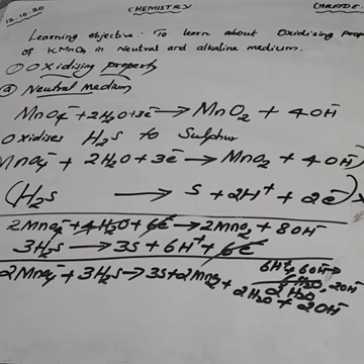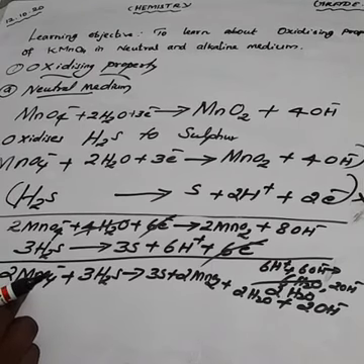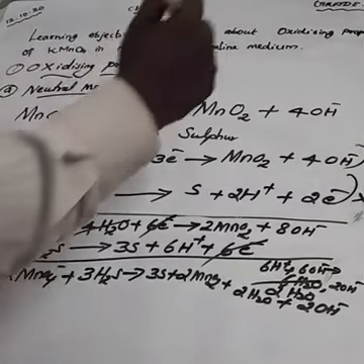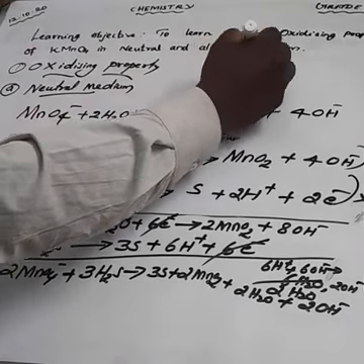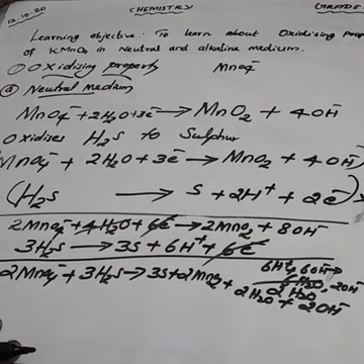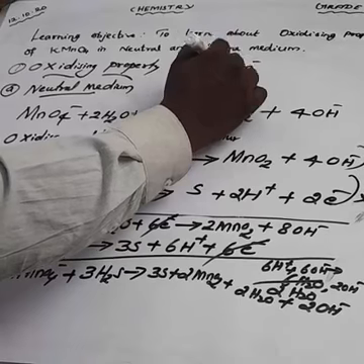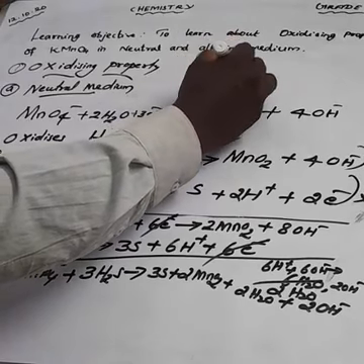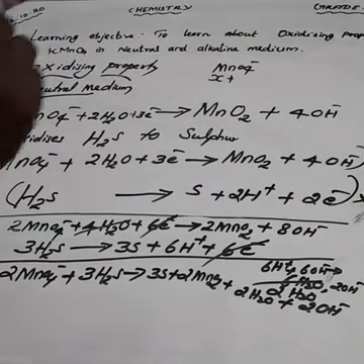Next we have to talk about the oxidation and reduction. You should calculate the oxidation state for Mn in the MnO4 minus ion. In a previous video I told you how to calculate the oxidation state. We calculate it now. Mn is taken as X plus 4 oxygens, each oxygen having minus 2.